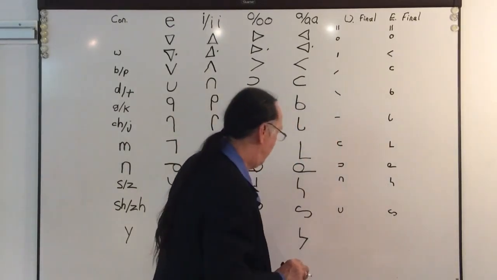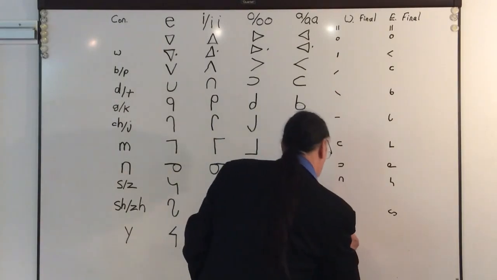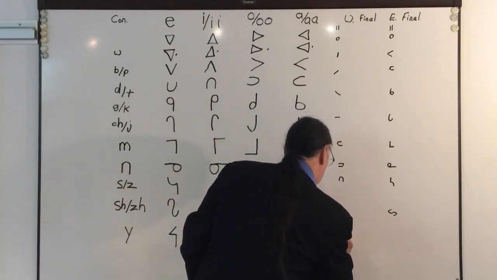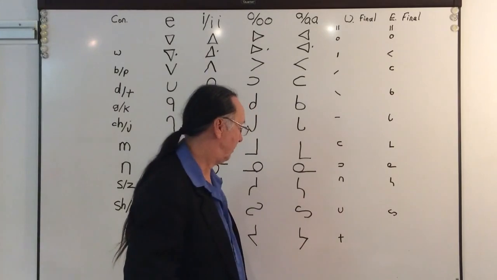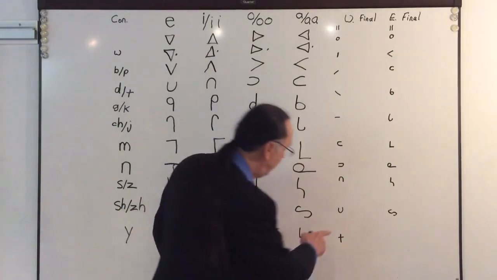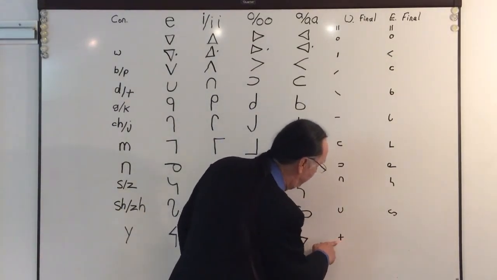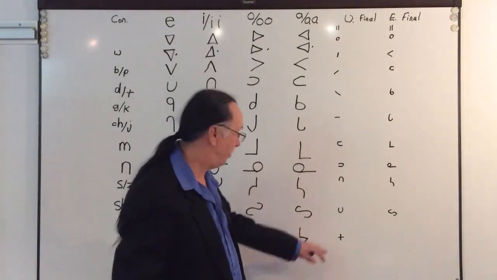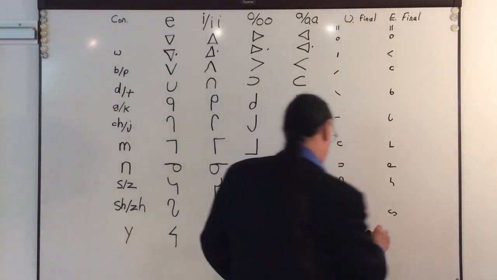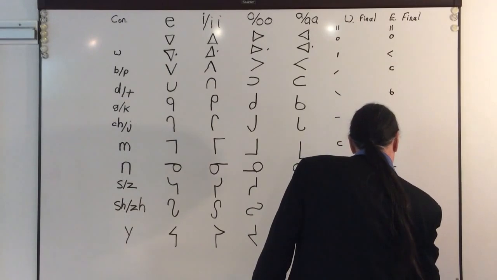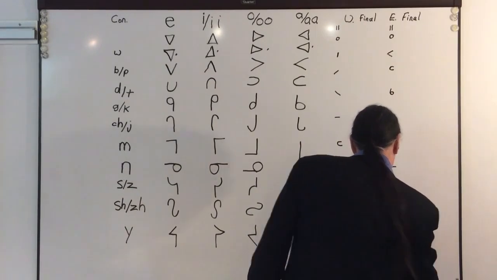And the Western final is a little cross like that, an equal cross. It's not like a crucifix, it's equal, like a plus sign. And the Eastern final is a little ya.